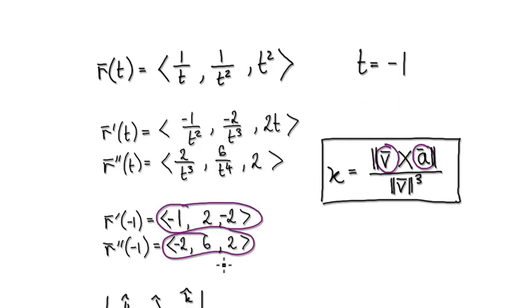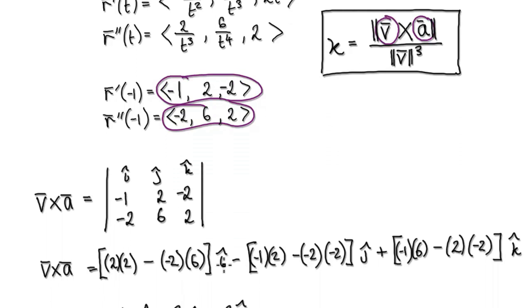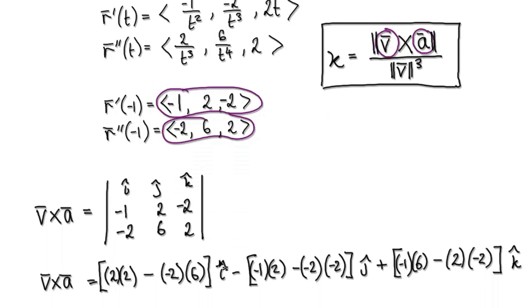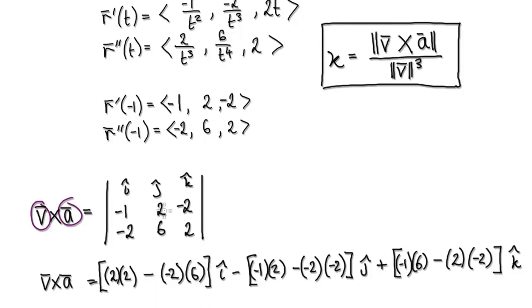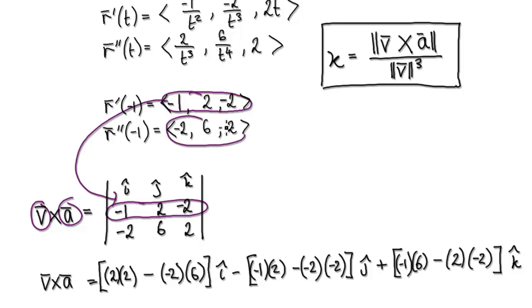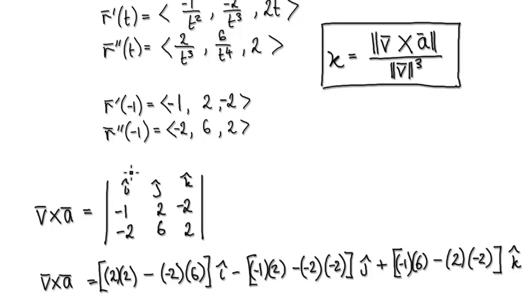So remember, the cross product would be this. So if you get v cross a, this is v here. Remember, the order matters. So this is our v here, and this is our a here. So to compute the cross product, the first one would be i. So discard, and then just look at these four.